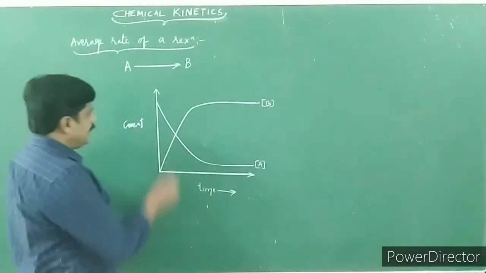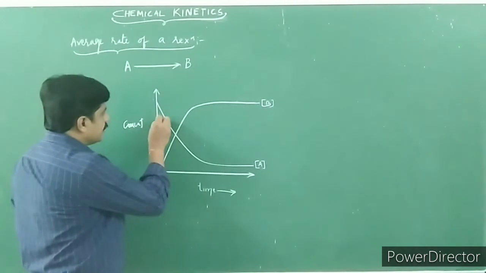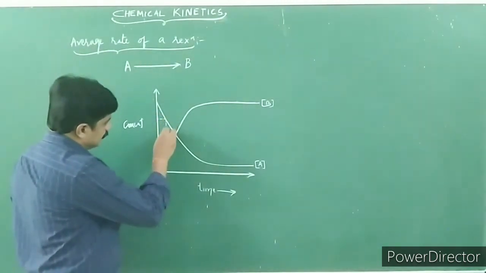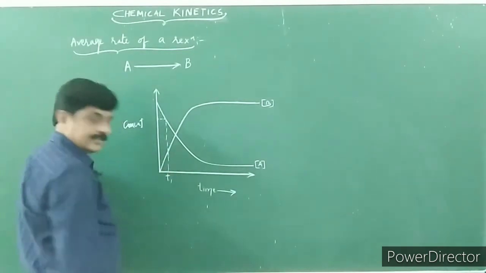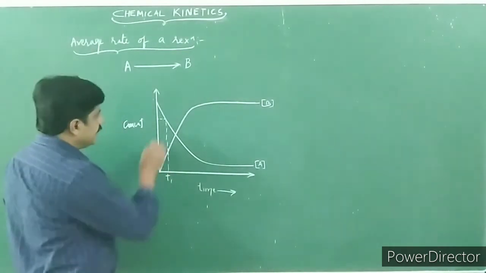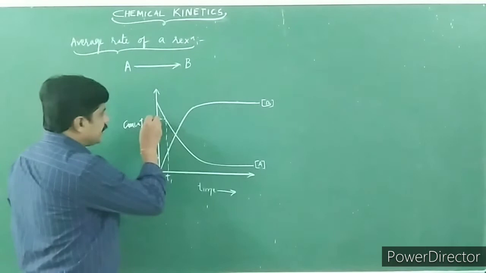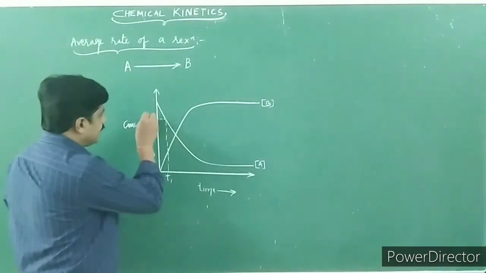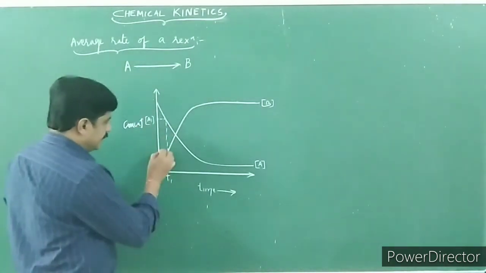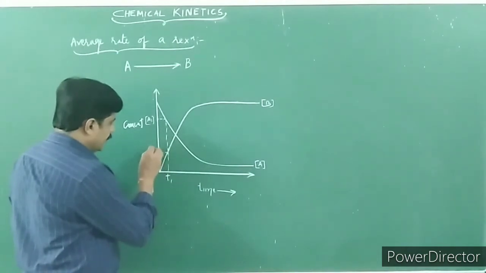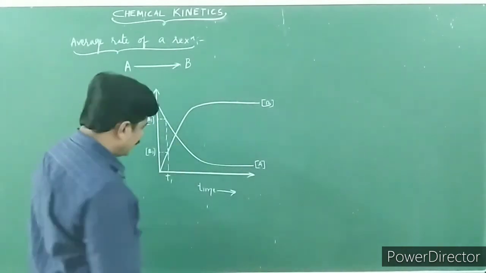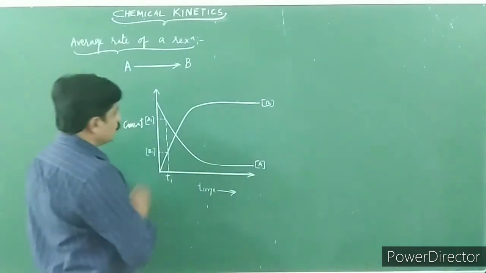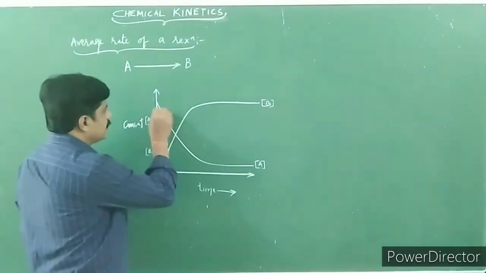Children, look at here. At time T1, let A1 be the concentration of reactants and B1 be the concentration of products. Now at time T2, children, let us find out.